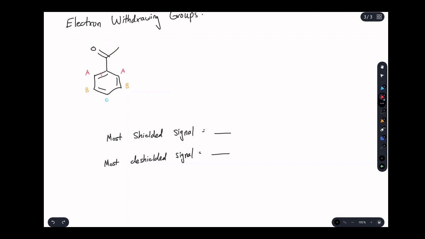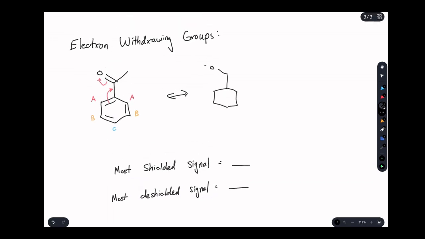Here we can see that a double bond could be pulled out, giving us resonance forms that look something like this. And while they look similar, you'll notice one key difference with the resonance forms, and that's that the benzene carbons are taking on positive character.